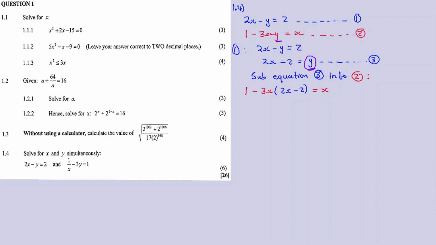Then we multiply ke manje, and then we multiply 1 minus 3x times 2x is minus 6x squared, and then minus 3x times minus 2, it's plus 6x equal to x. Then we move everything to one side of the equation.